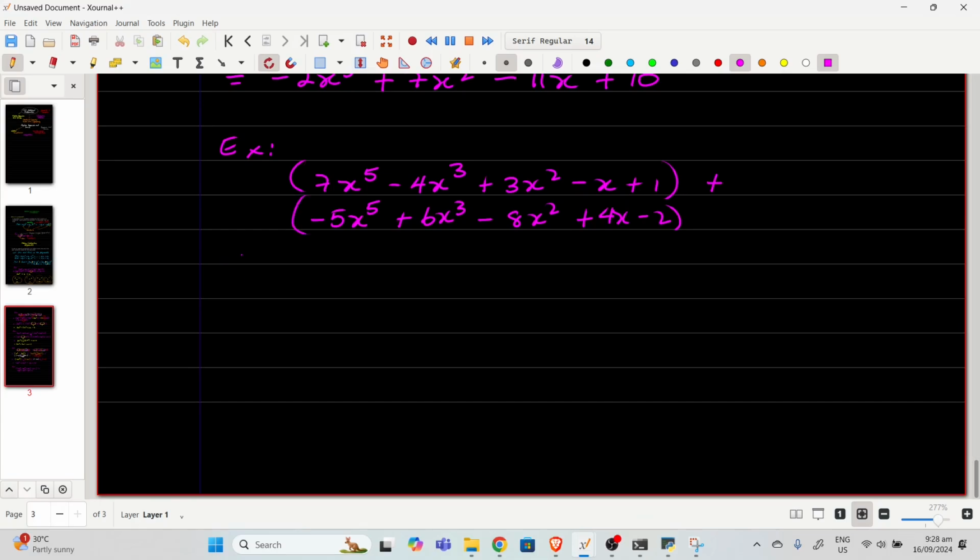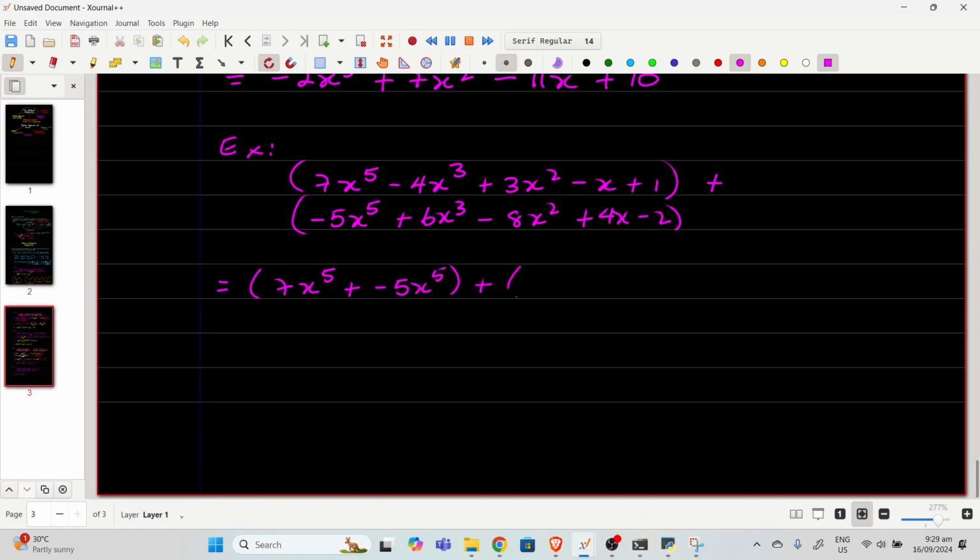All right. So if I was to work this out, the first thing I want to do is add the terms together. So 7 minus 5 is 2. You know what? Let me just write it out quickly so that you can see it. So 7x to the fifth power plus minus 5x to the fifth power.